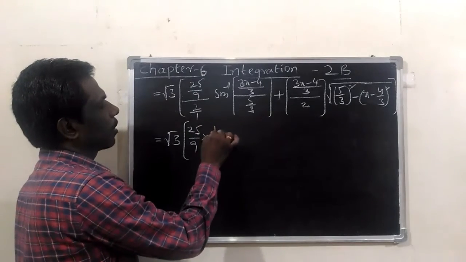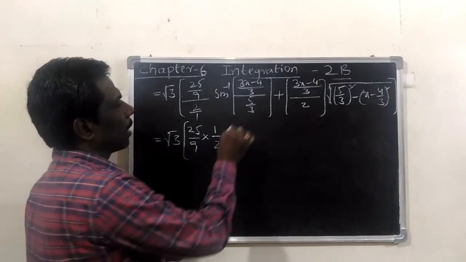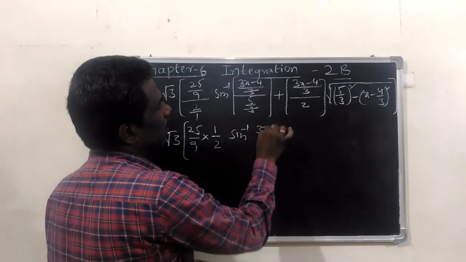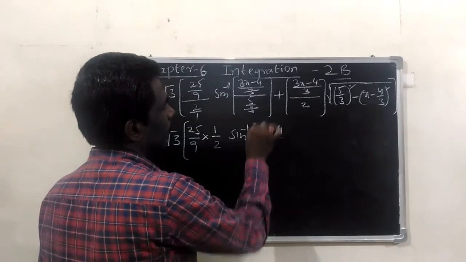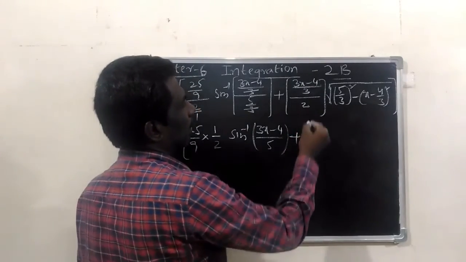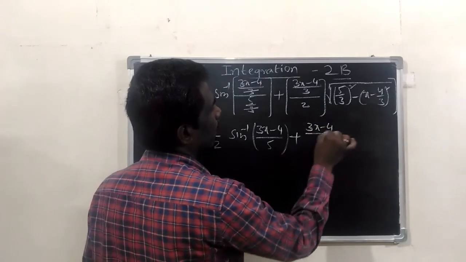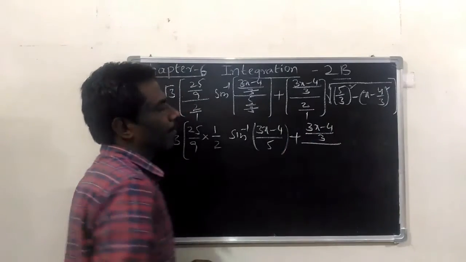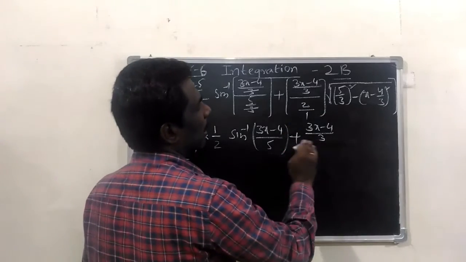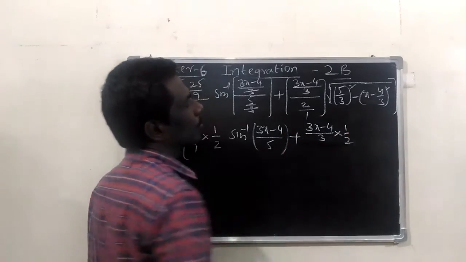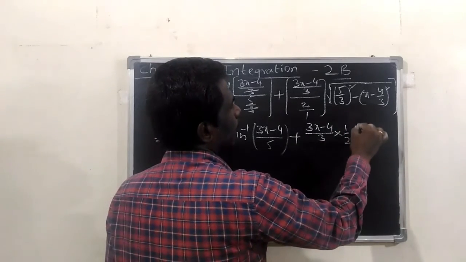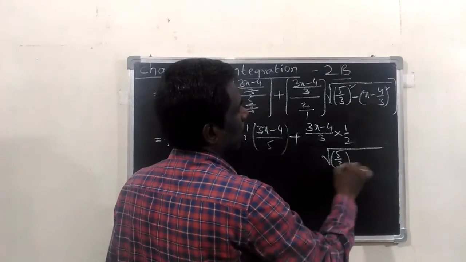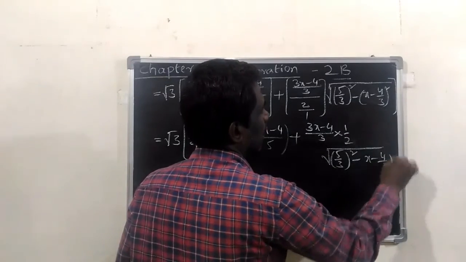Now write the reciprocal of 2 by 1 as 1 by 2, and here 3 gets cancelled, and write sine inverse 3x minus 4 by 5 plus, here the numerator fraction is 3x minus 4 by 3, by it is 3, and the denominator also make into fraction form, that is 2 by 1, and this 2 by 1 we can write as 1 by 2, and under root of, the same thing we have to write here, under root of 5 by 3 whole square minus x minus 4 by 3 whole square.